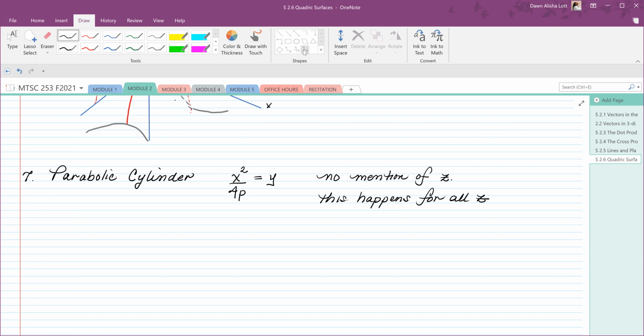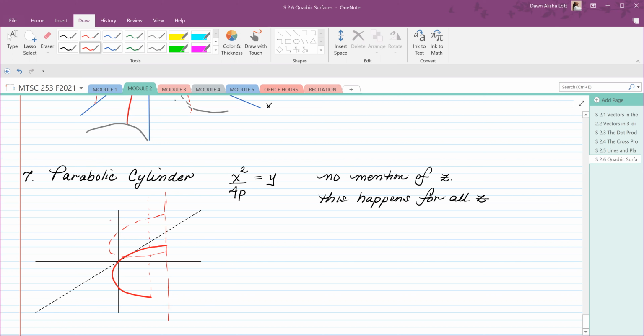So if I draw a picture and I have a parabola in the XY plane, so I have a parabola that looks like this in this plane, then it means it actually is doing this for every value.